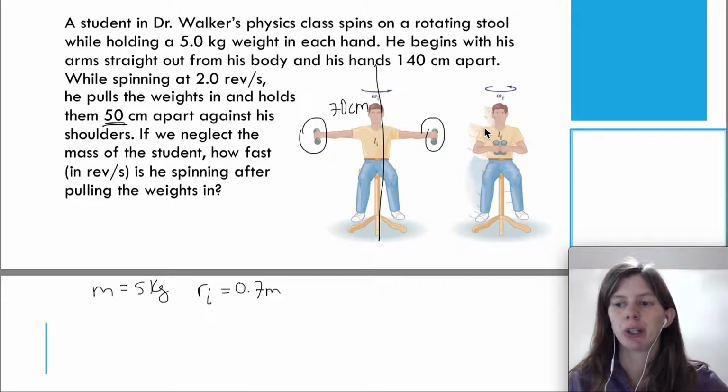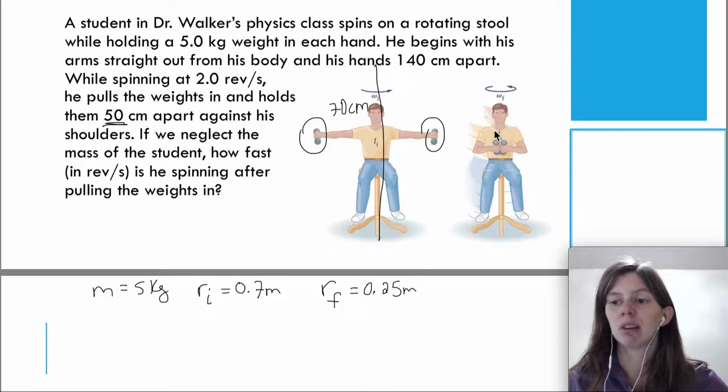Now this picture doesn't show them on the shoulders. This was the best picture that I could find. But we're just assuming, based on the picture here, that they're 50 centimeters apart. That means that the halfway is 25 centimeters, or 0.25 meters, is the distance of each one.